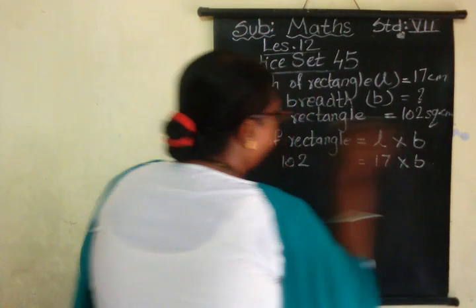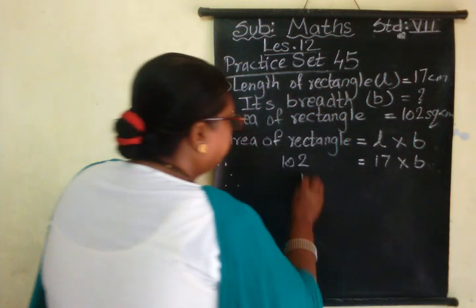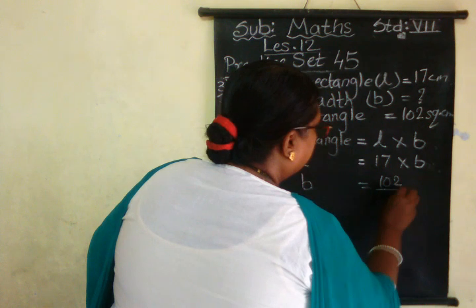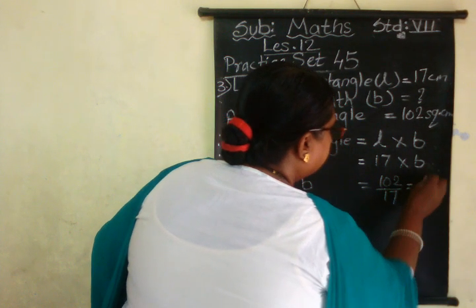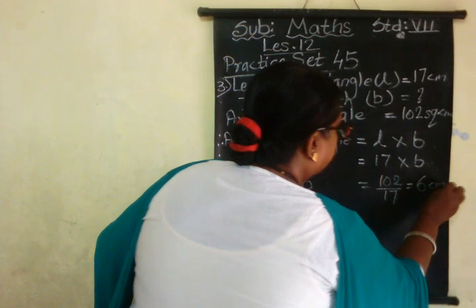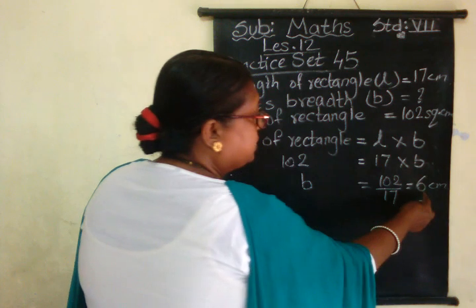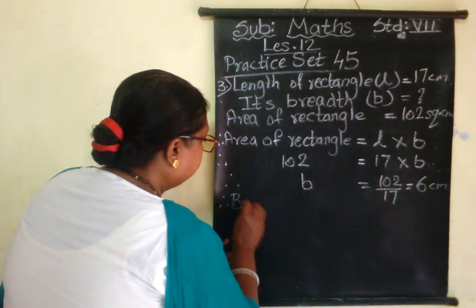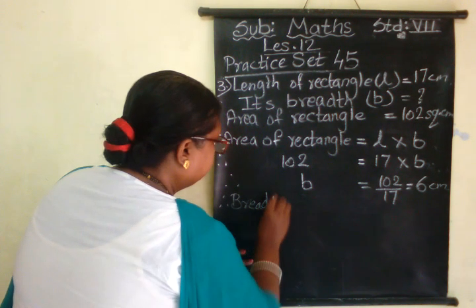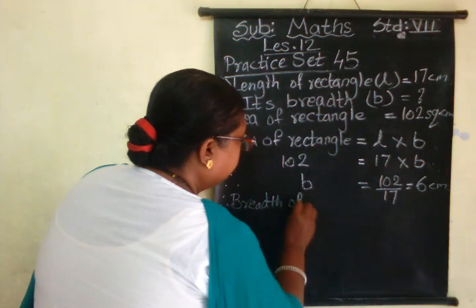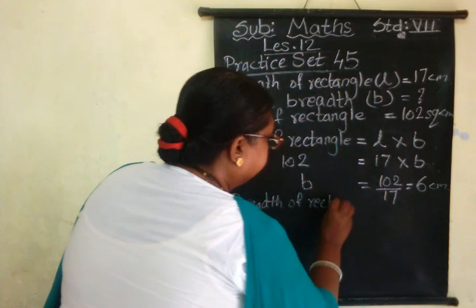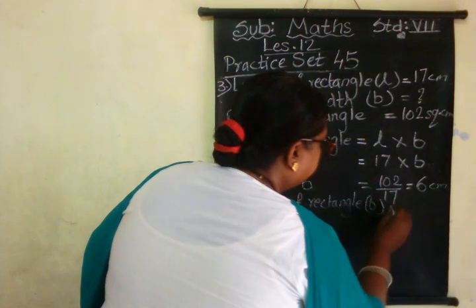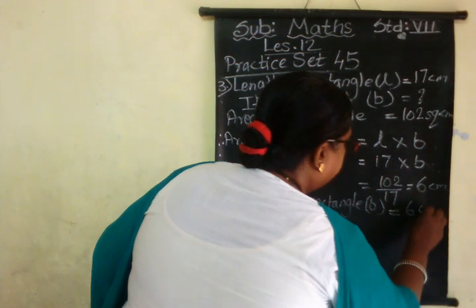So we will find B. Therefore, B becomes 102 upon 17, which equals 6 centimeter. So we get B as 6 centimeter. Therefore, breadth of rectangle B is equal to 6 centimeter.